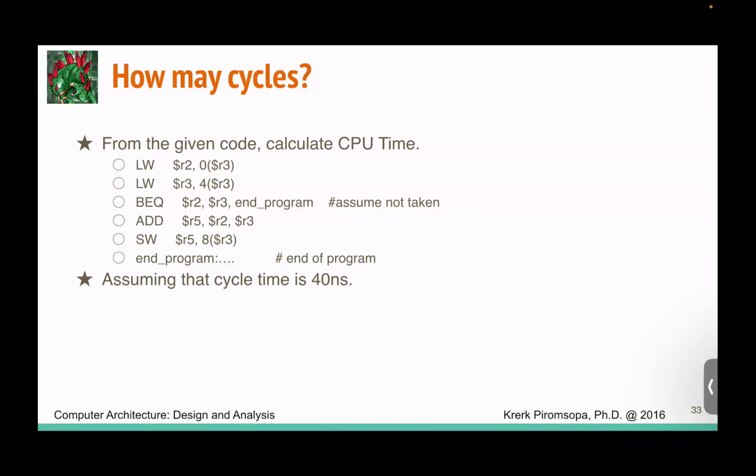In this exercise, I ask you how many cycles it would take to run this piece of code based on our design of the multiple cycle processor. I'll let you do it a little bit.